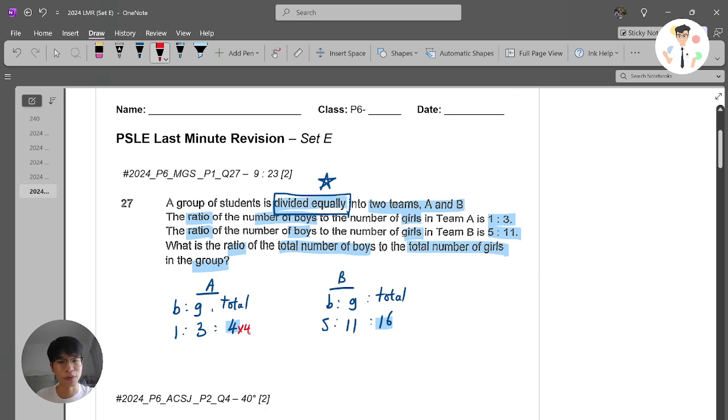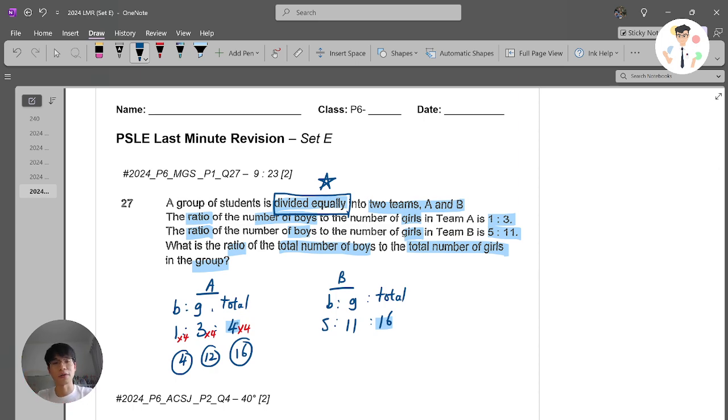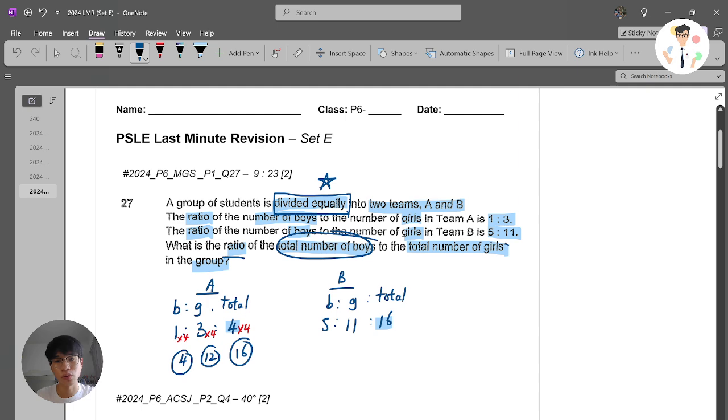So 4 times 4. If I times 4 here, and times 4 here, and times 4 here, now the ratio is 4, 12, 16. Okay? And when I have made the total the same, now we can compare the ratios together. The question asks for the ratio of the boys to the girls.